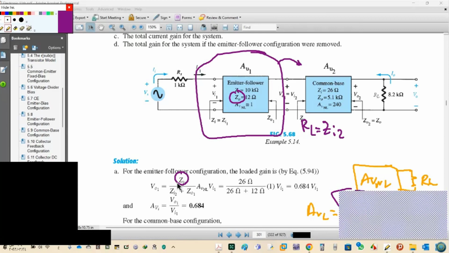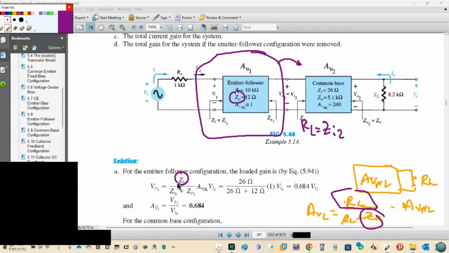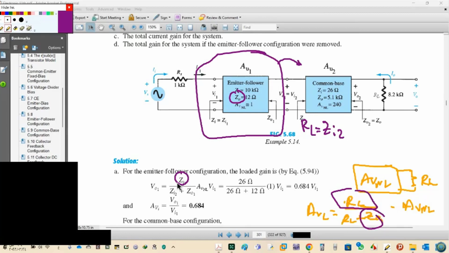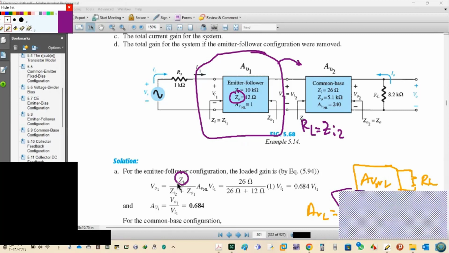Why is it ZI2? Because the load for the first stage is the input impedance for the next stage. Load for stage 1 is input for stage 2. Important. Usually the load for the first stage is the input for the next stage. Is it clear? Take care about this one.